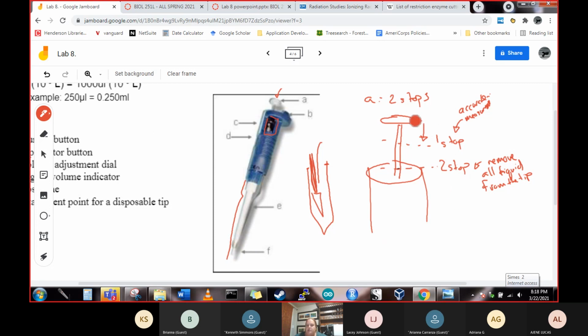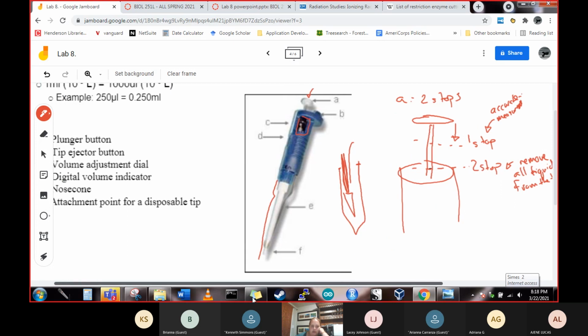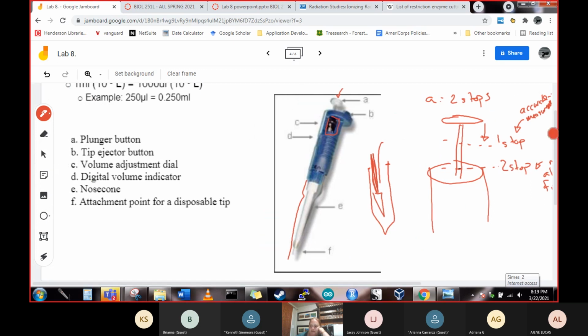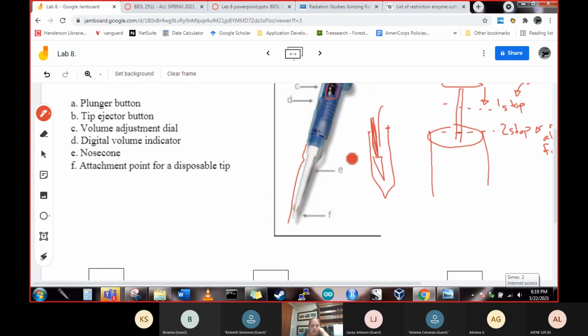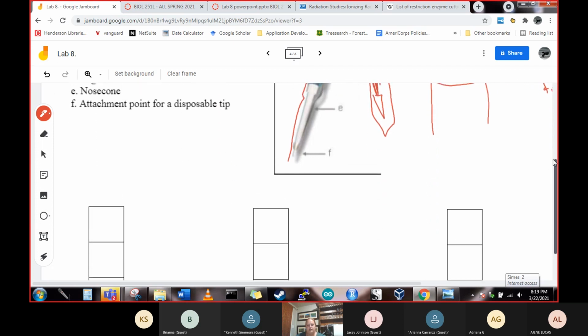So in order to pick up liquid, you would press the plunger button to the first stop, put it in your liquid, and pull it up, and it would pull up that amount of liquid. You would transfer it to your container, then press through the second stop to eject all of the liquid from your pipetter. Just a random note there. I think you guys are going to be doing that in the simulation, so you can understand that.